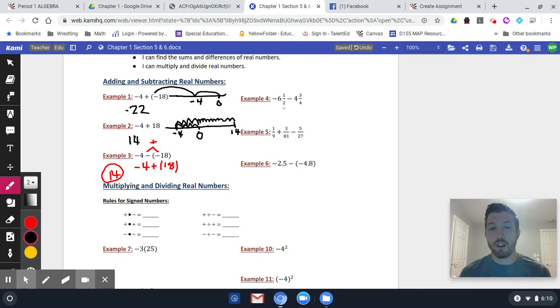Fractions, fractions, they look scarier than they are, right? But again, you could think of it as money. I have $6.50, and then minus $4 and 3 out of 4, 3/4, it's like 75 cents, right?